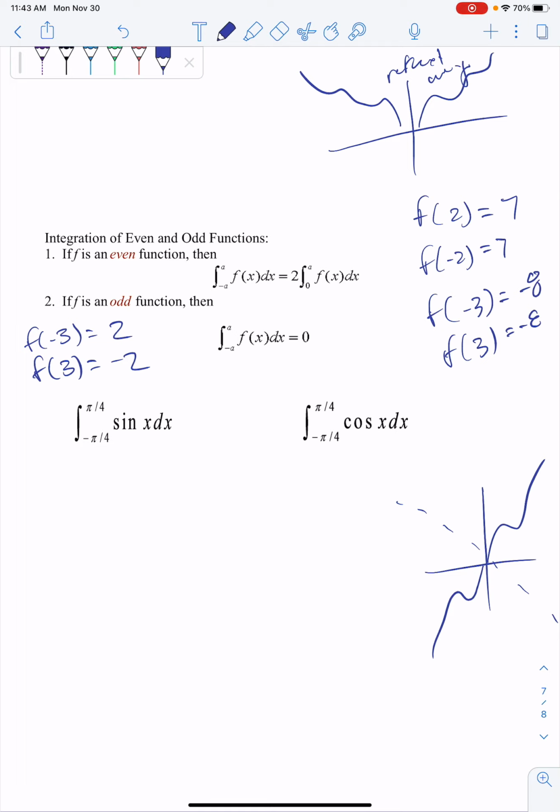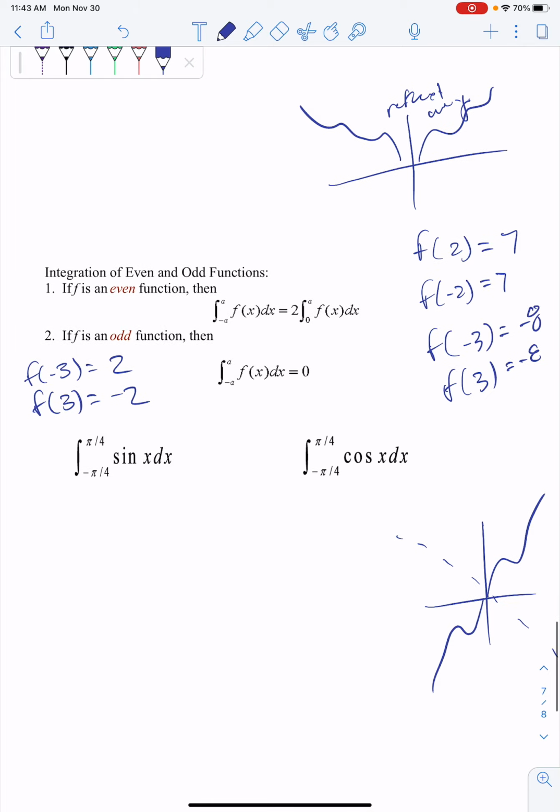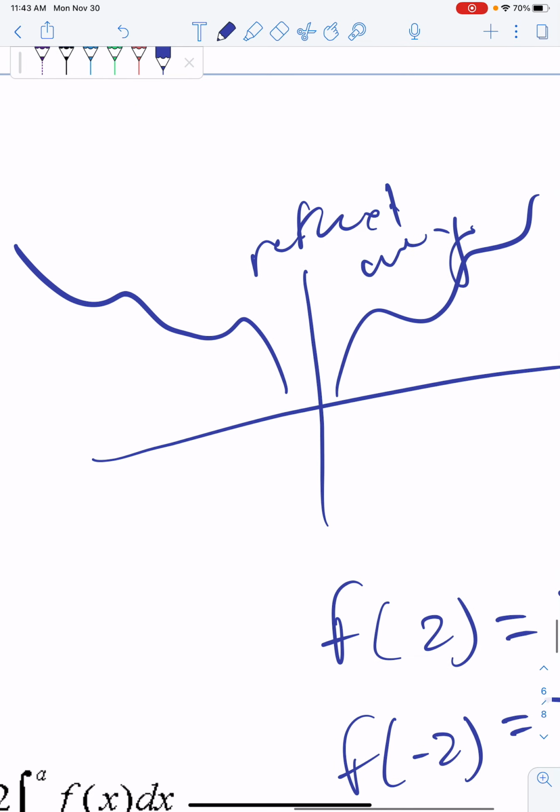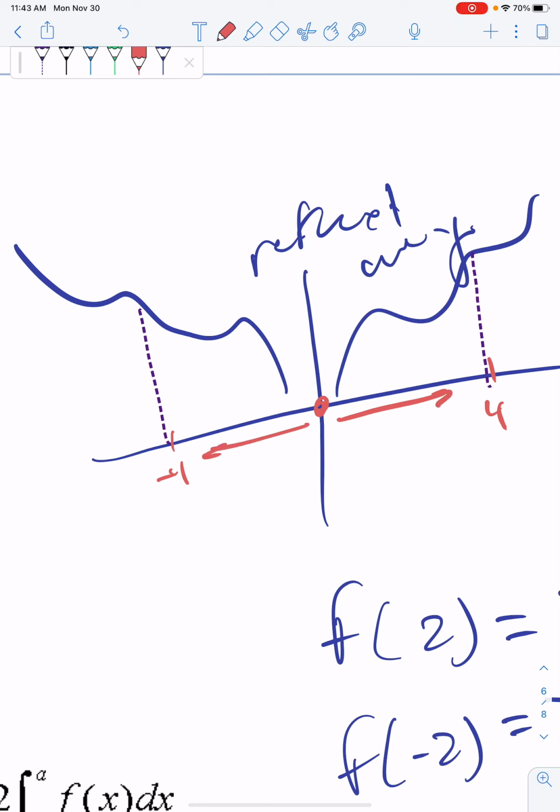So what's cool about this is if you have an even function, and if you look at it, again, I know these aren't to scale. If I'm going to take the integral from negative 4 to positive 4, well, this area right here and this area right here, if I'm going from 0 this way and 0 this way, those areas are the same as each other.